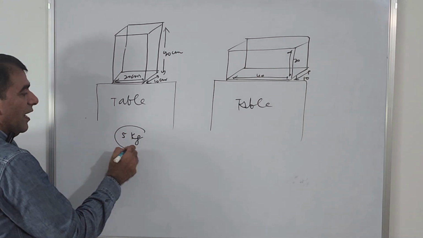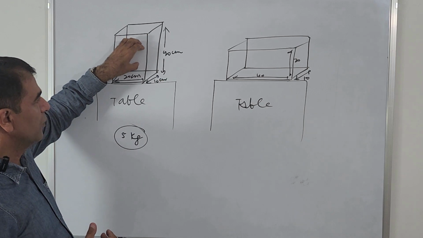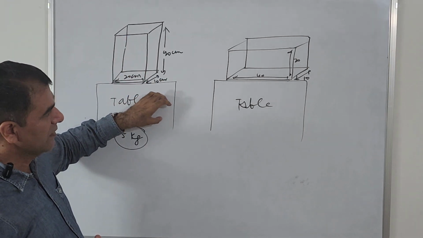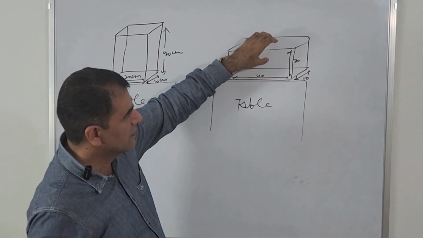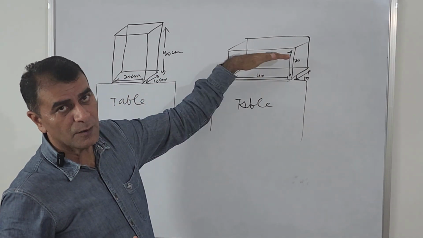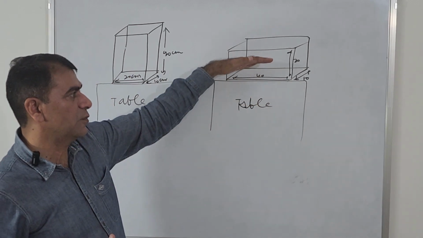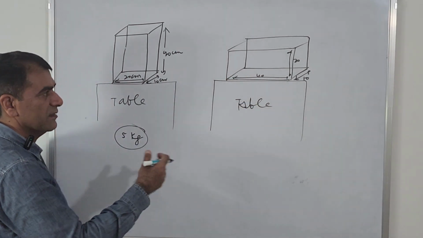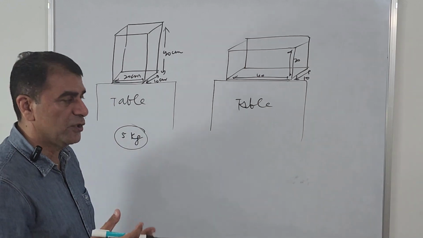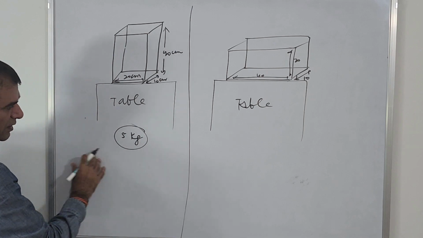What will be the pressure exerted by the block on the table in the first case? What will be the pressure exerted by this same block when it is kept in a horizontal position on the table? In both cases, we have to find the pressure. In this first case, we will do it here.